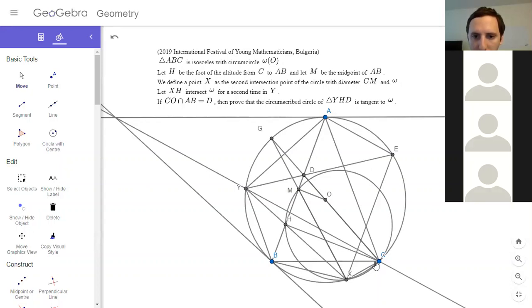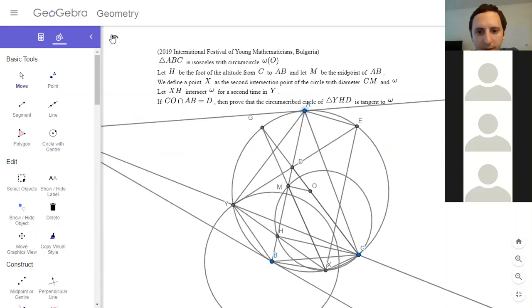Is there something we can project through? Can we project through G? But where would B go to? Also, is B the midpoint of arc YX? I don't think so.